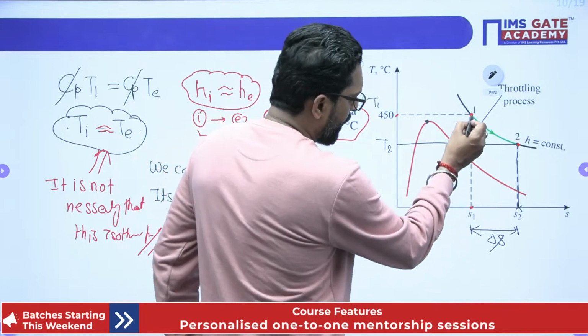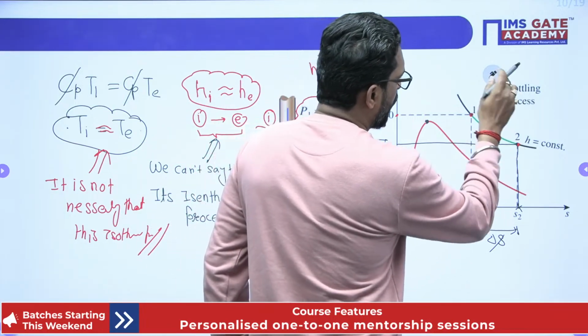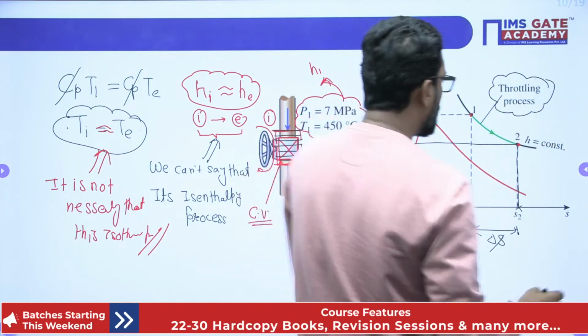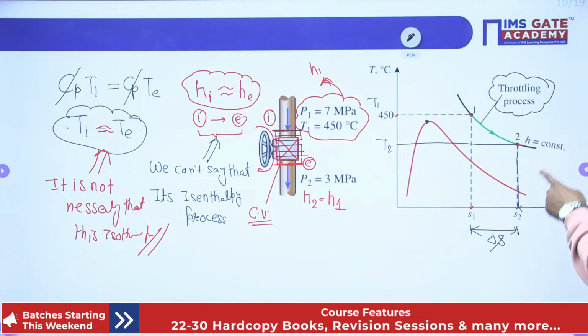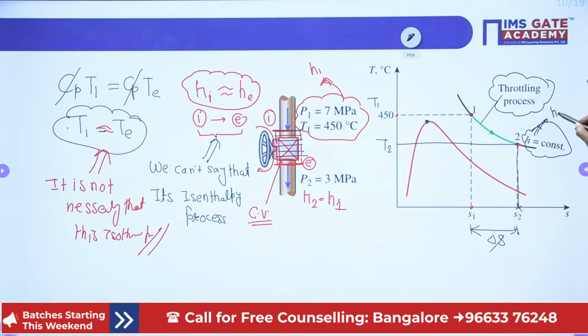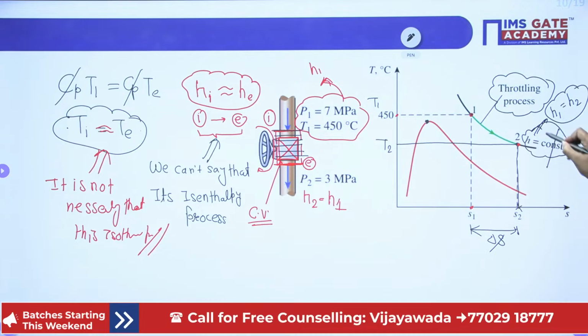So the process 1 to 2 is a throttling process. And see beta, why do we take it as constant? It does not look like a constant. It says that H1 is equal to H2, so H is not a constant.